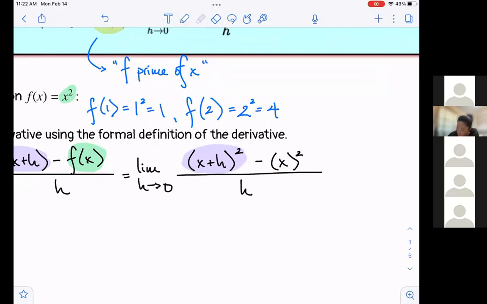Does this make it more clear? In this case, the input is x plus h. In this case, the input is x. But in both cases, I'm squaring them because the function tells me to. Okay, great. Thank you.